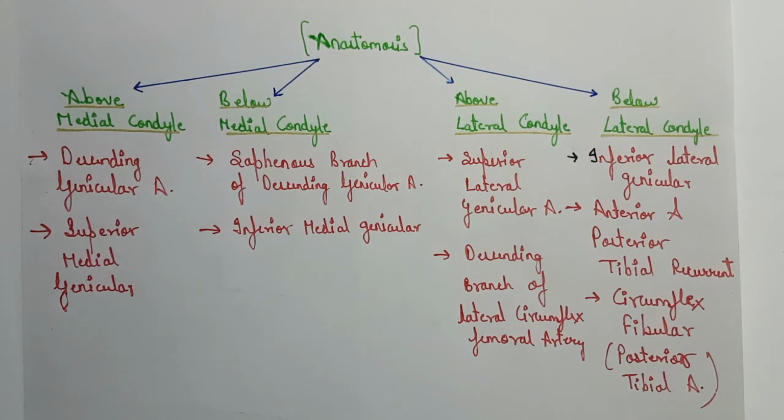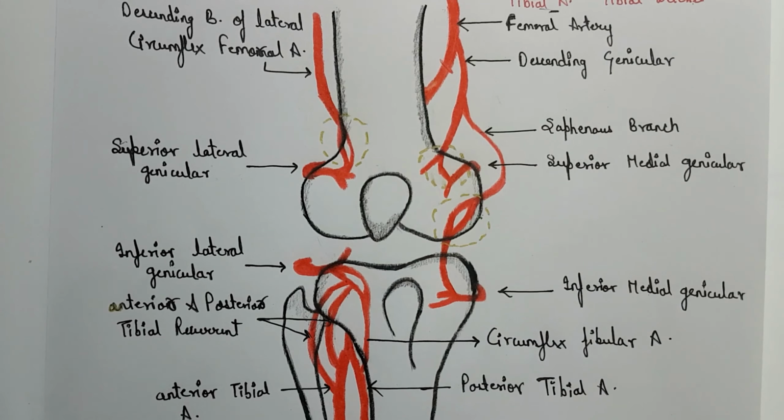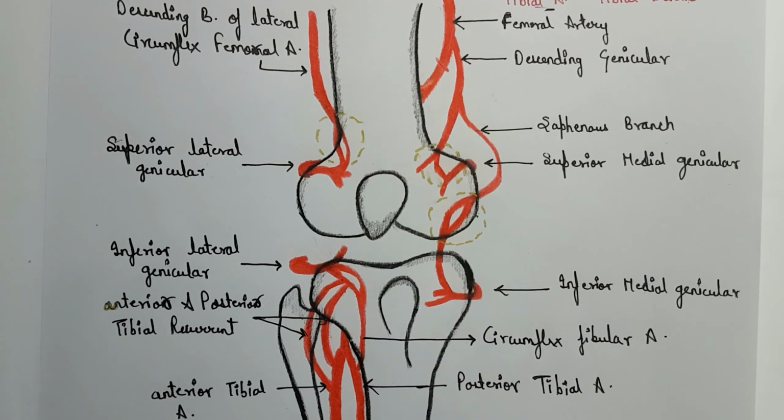Let me show you this in the diagram. So, below the lateral condyle, there are 4 arteries: the inferior lateral genicular, the anterior and posterior tibial recurrent, and the circumflex fibular artery coming from the posterior tibial artery.